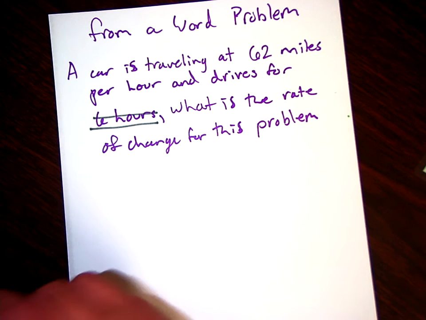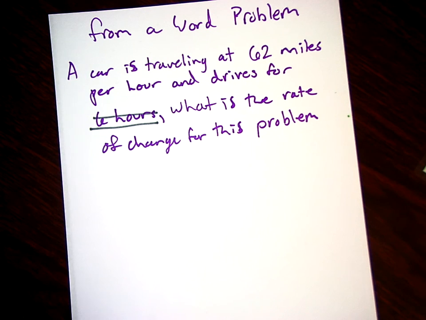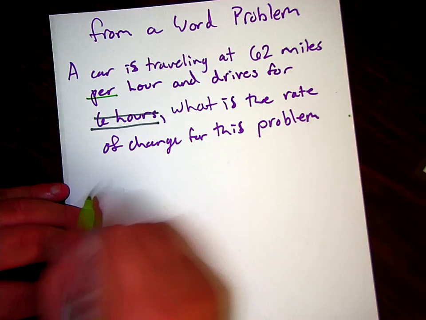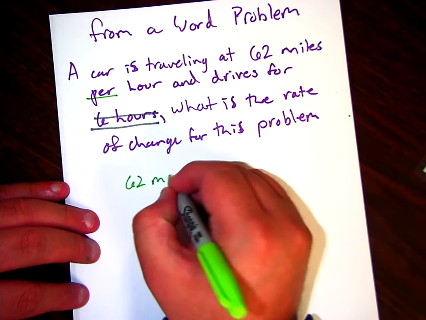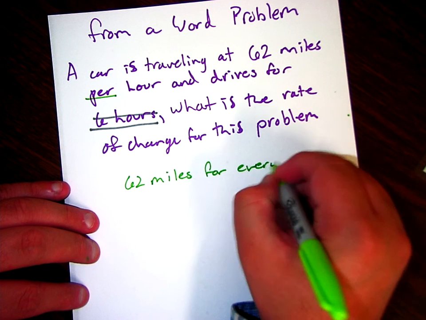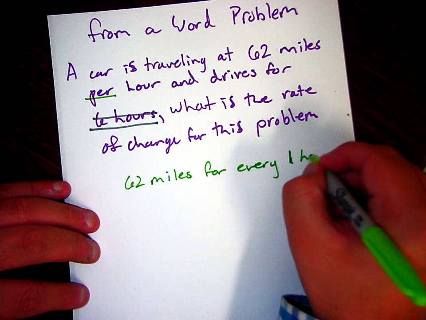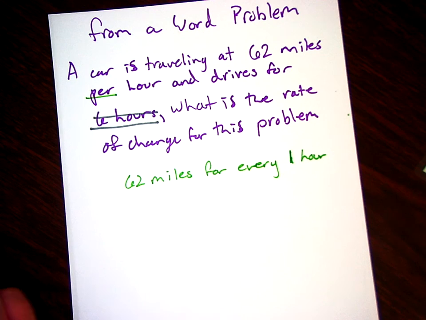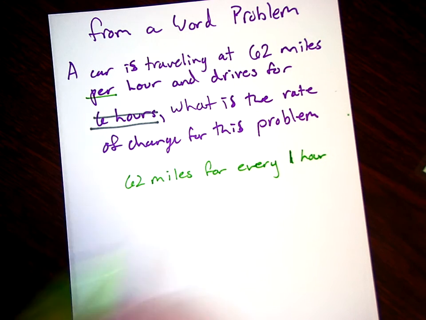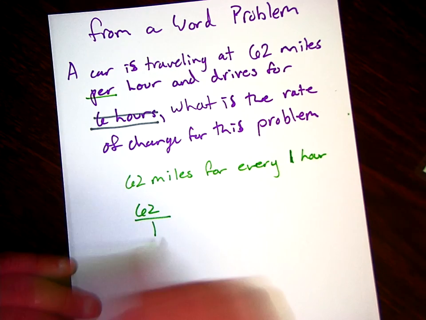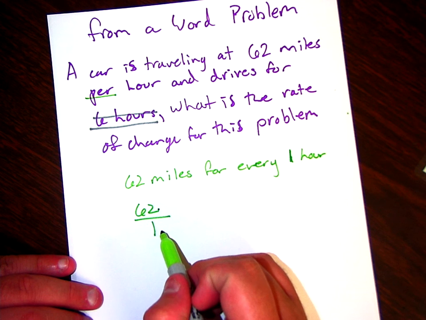Anytime you see language like this, anytime you see 62 miles per hour, that's 62 miles for every, how many hours? 1 hour in the car. That's a speed or a rate of change. So your rate of change is going to be 62 over 1. 62 miles for every 1 hour you spend in the car.